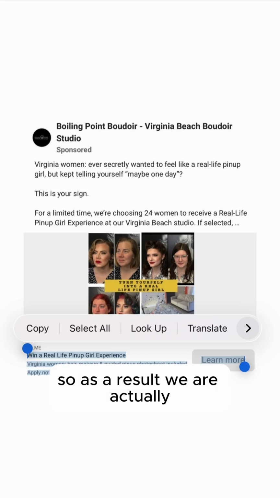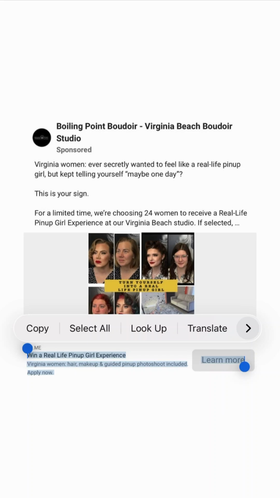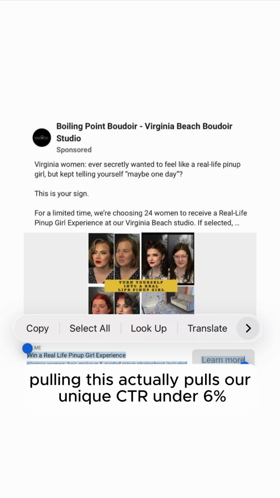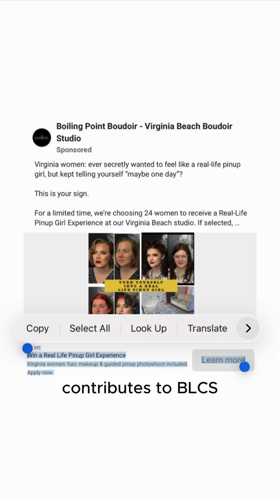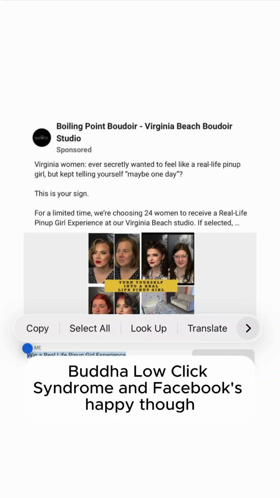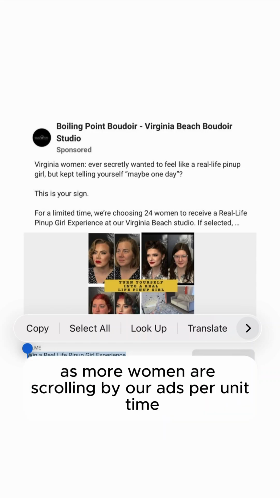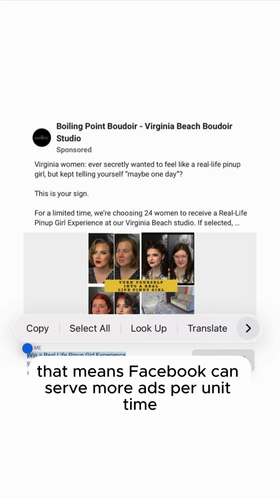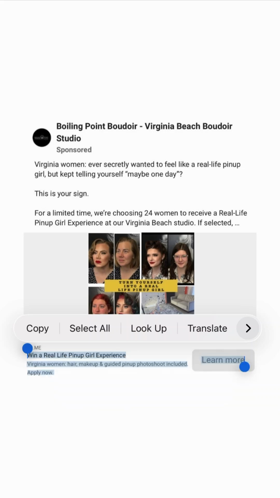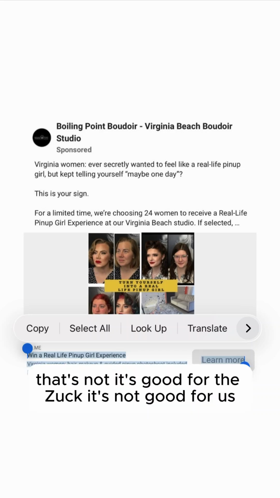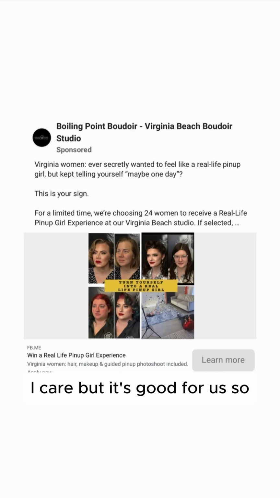So as a result, it actually pulls our unique CTR under 6%, contributing to BLCS, Boudoir low click syndrome. And Facebook's happy though, because as more women are scrolling by our ads per unit time, that means Facebook can serve more ads per unit time. So the Zuck is happy. But it's good for the Zuck, it's not good for us. I care about what's good for us.